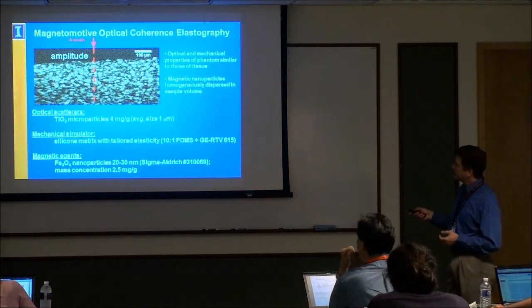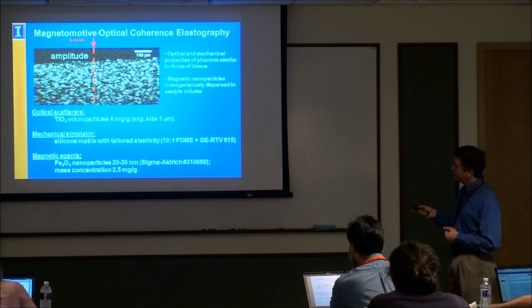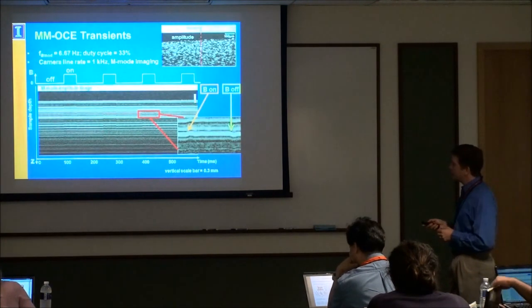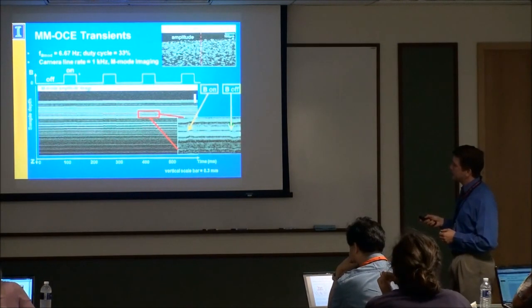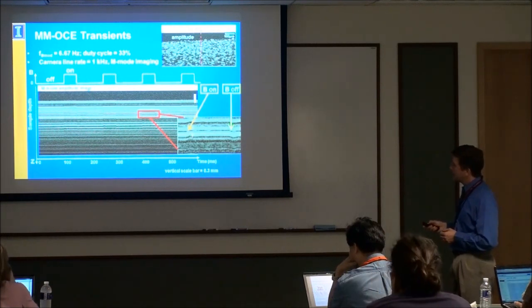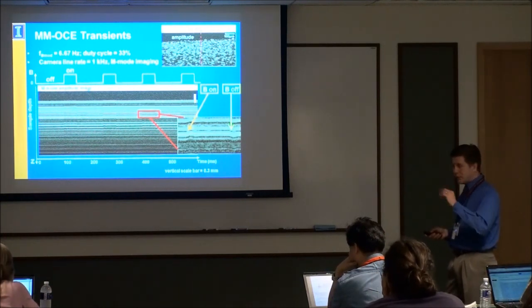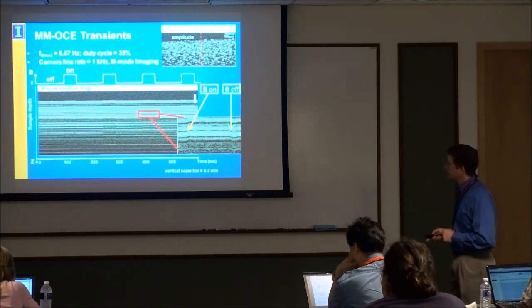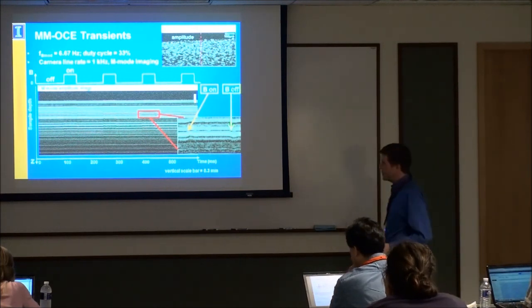Okay, so then we took our magnetomotive OCT along a single depth scan, and we looked in M mode, and as we were turning our field on and off, we could see these very small, almost sinusoidal type transients when we were switching the field on and off.